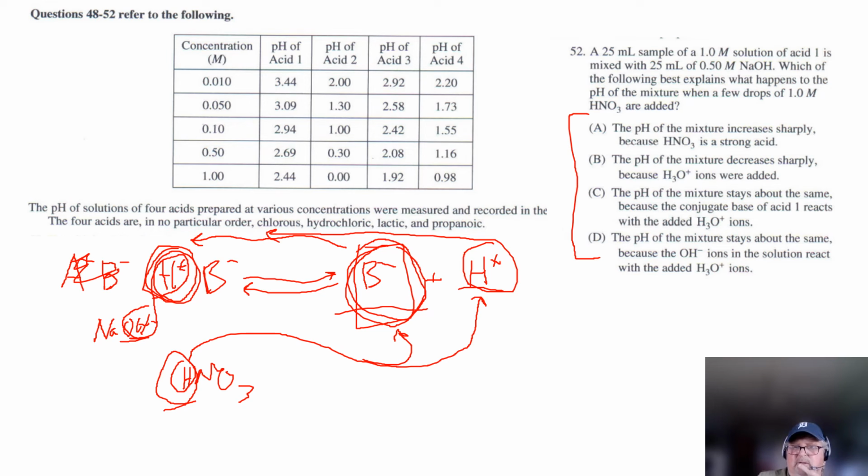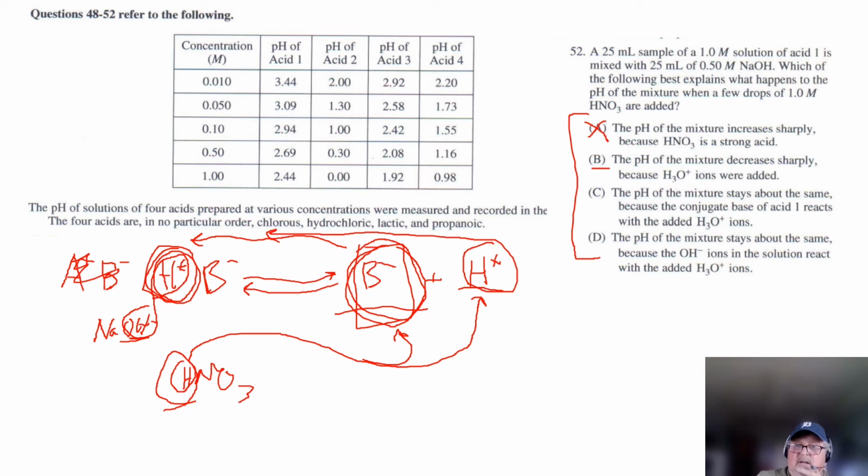Okay, A: the pH of the mixture increases sharply because HNO3 is a strong acid. So this is wrong. I mean, it's possible if you didn't add the NaOH and you added the HNO3, it should become more acidic, and if it's more acidic, the pH should actually go down. So it's not A at all. B is actually that situation.